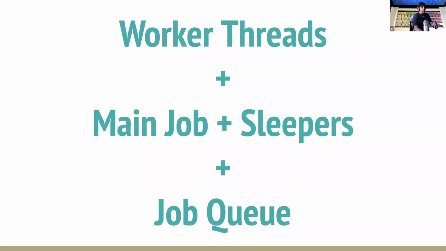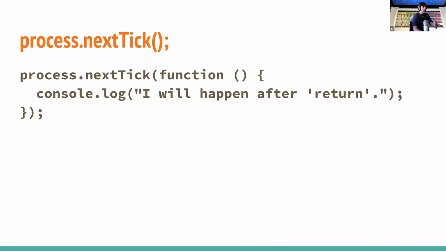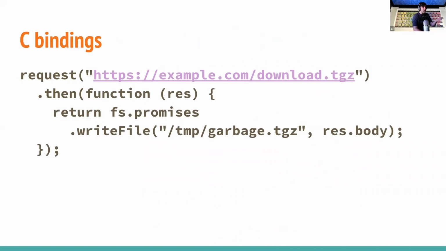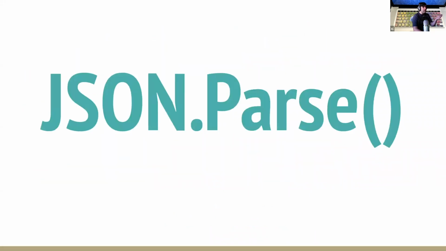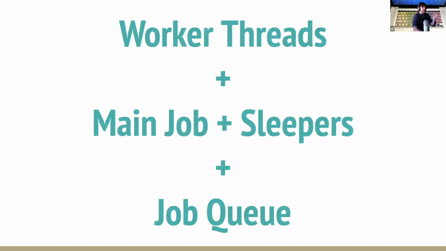So in Node, the way that we handle asynchrony is we have things like promises and callbacks and async await. When you have Goroutines and coroutines, one of the things that people like about them is that you don't have to have a concept of promises or callbacks.